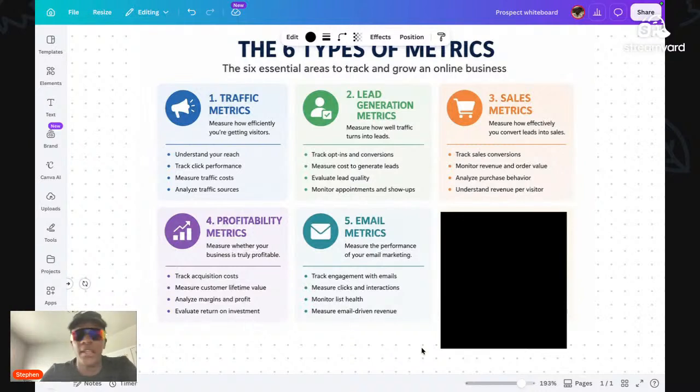You've got to compete with LeBron James and OnlyFans models when you're marketing via social media exclusively, but in the email inbox it's much less competitive. So that's a great place to measure performance. You want to track engagement with the emails, measure clicks and interactions, monitor list health, measure email-driven revenue.